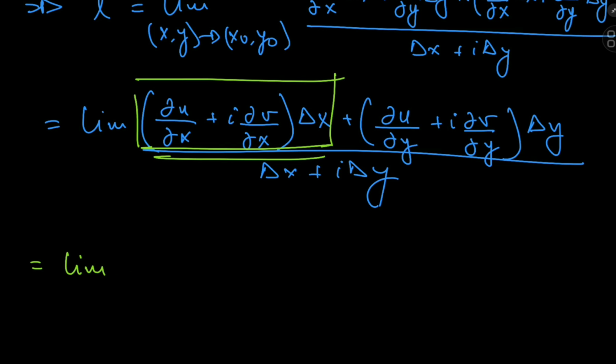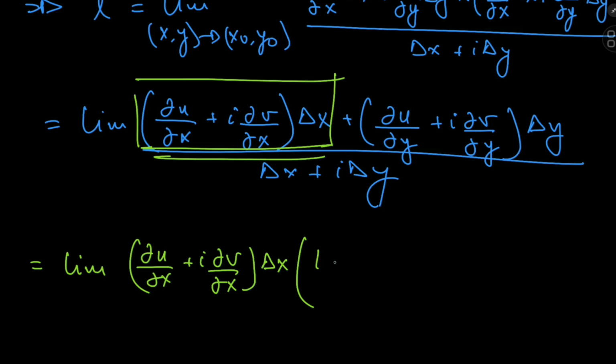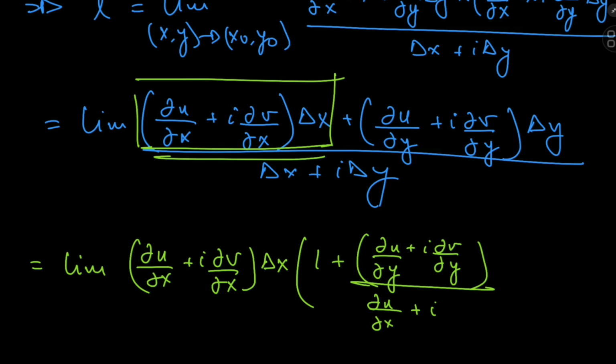So we're evaluating the limit as (x, y) approaches (x0, y0) of partial u by partial x plus i times partial v by partial x, del x all factored out, meaning we're left with 1 plus partial u plus i times partial v by partial y, divided by this thing here that we factored out, partial u by partial x plus i times partial v by partial x, and we have this del y term, and we also factored out a del x term, right?